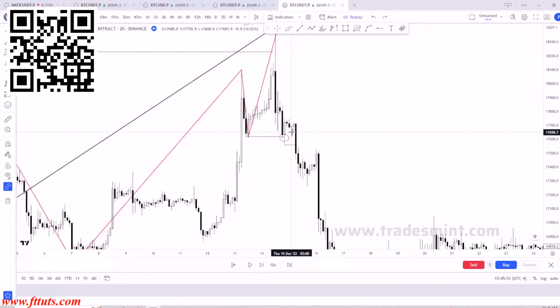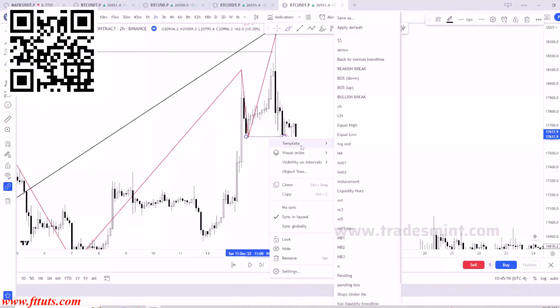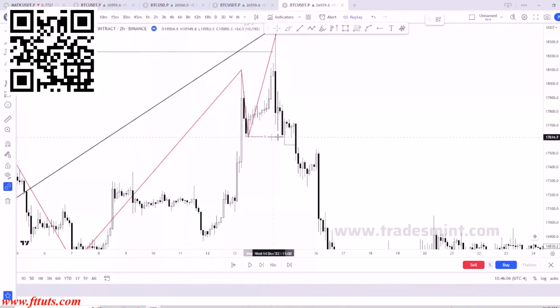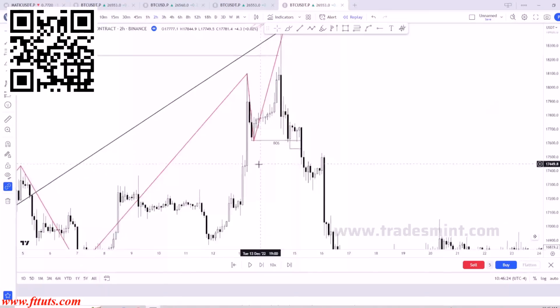Now, in this case, what we have here is a wick from left to right, where you would have drawn your X, okay? Because that's what you do when you have a wick from left to right. I usually draw the X template. So in this case here, for me to call this a break of structure now, I'm not going to continue from left to right and call this my bullish or bearish break in structure.